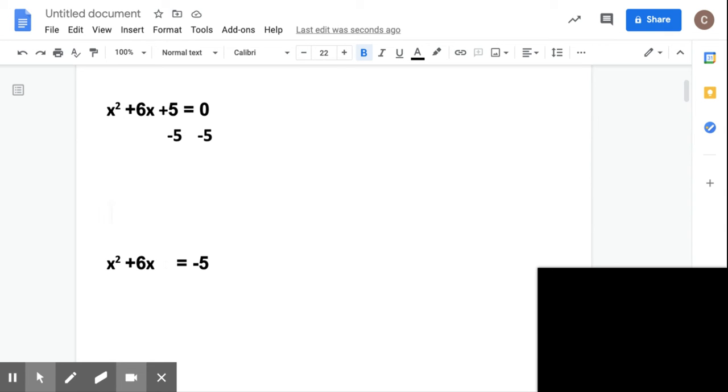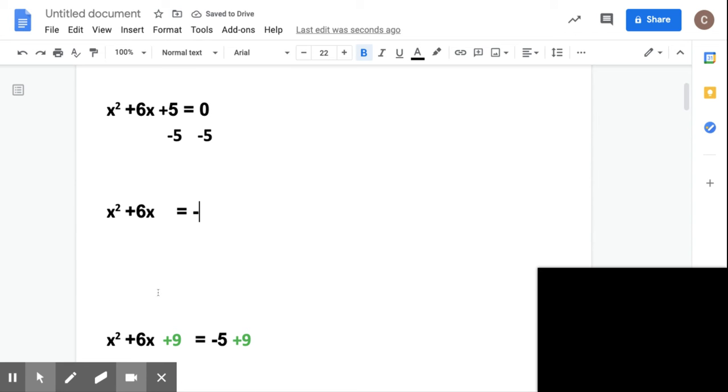That's right, because I want to put the one number here that will allow this to be a perfect square trinomial. So what number goes here? Think about it. You have the power to put any number you want there. What is it? 9. Absolutely. 9 is the only number that will create a perfect square trinomial if I have a 6 here.